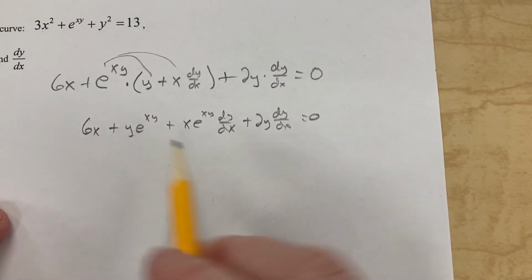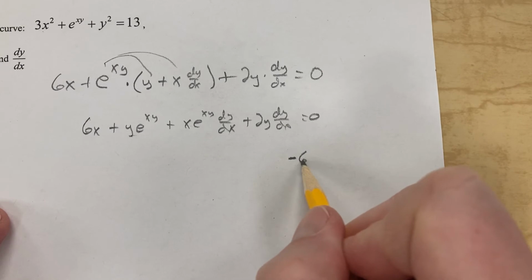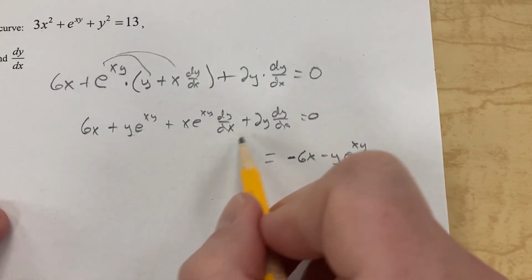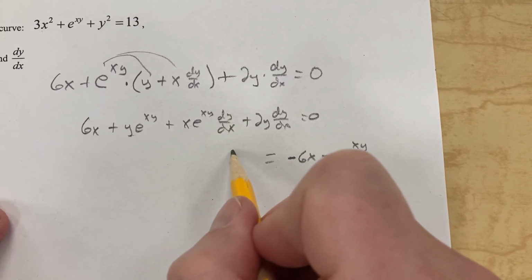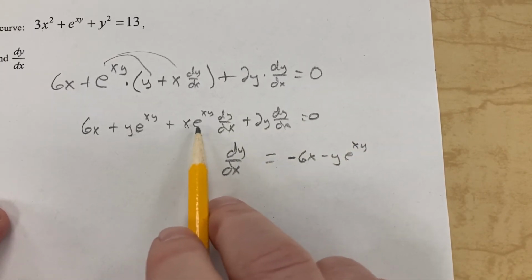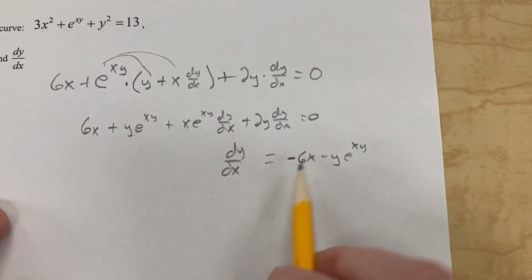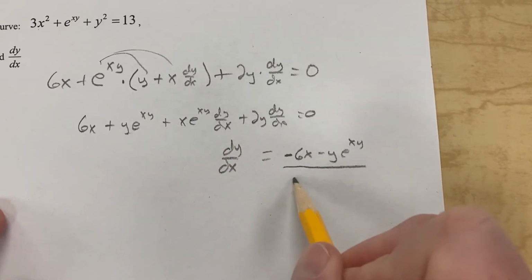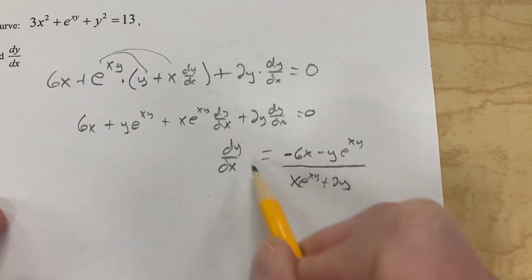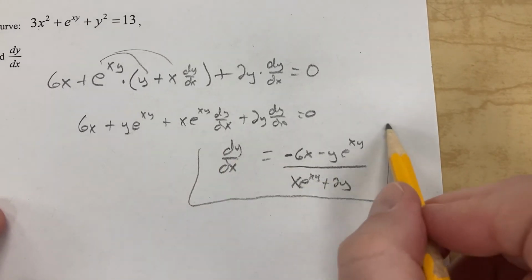Now, if we subtract these over, we get negative 6x minus y e to the xy equals, and then we can pull this dy dx out, and it'll leave us with x e to the xy plus 2y, and then we'll divide that. So why don't we just go ahead and do that? And this will be our derivative then.